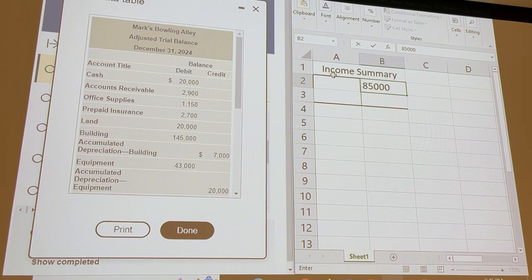In our second journal entry, we did a debit to income summary of 77,625. So now the balance in income summary is a credit balance of 7,375.